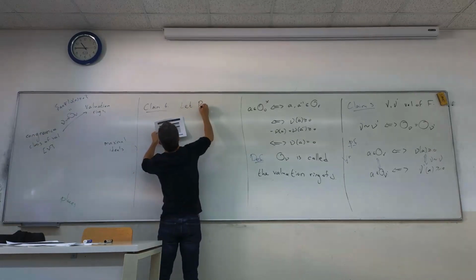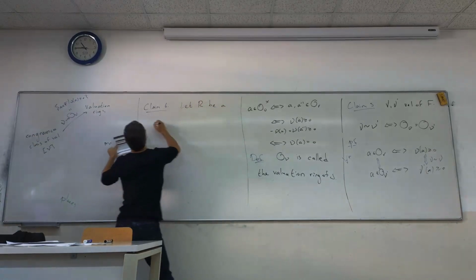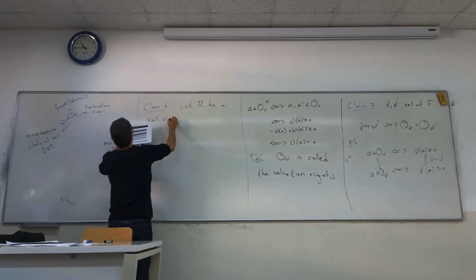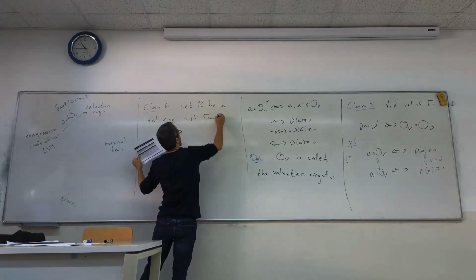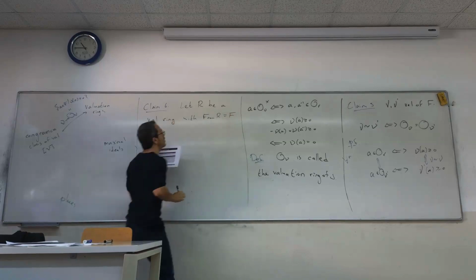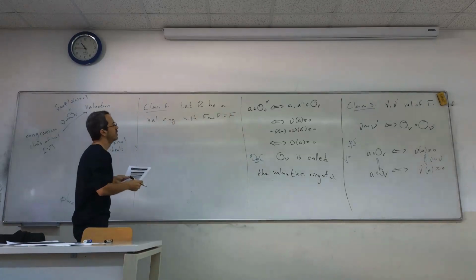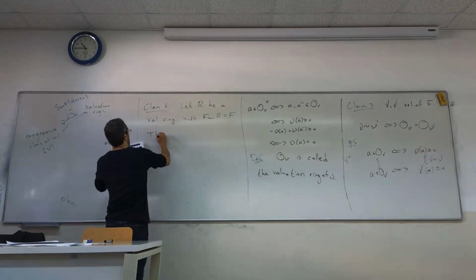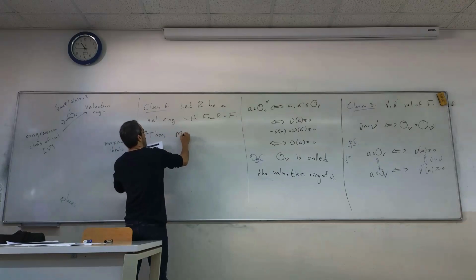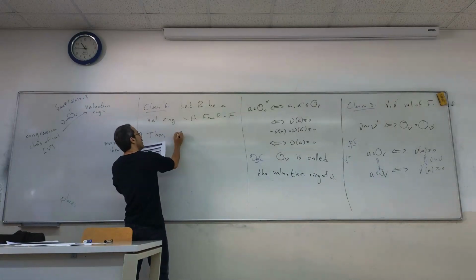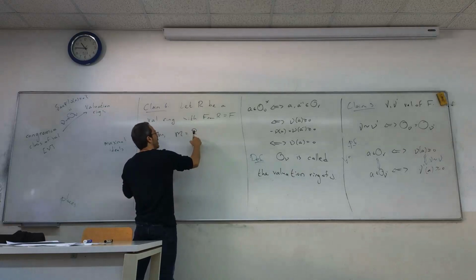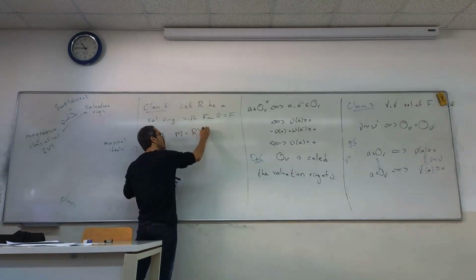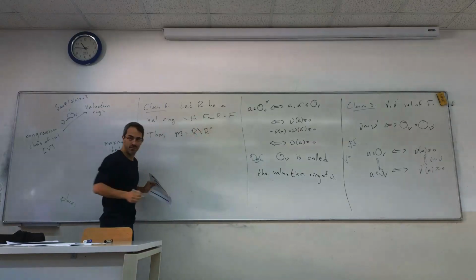So let R be a valuation ring with field of fractions F. Then I'm claiming that M, it should be a calligraphic M, I don't know how to do it, which is defined by: you take the ring and you remove from it all the units.